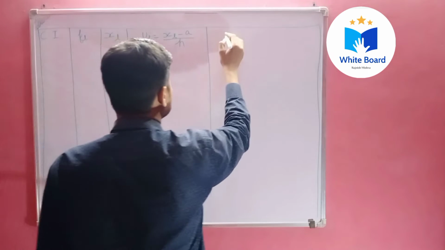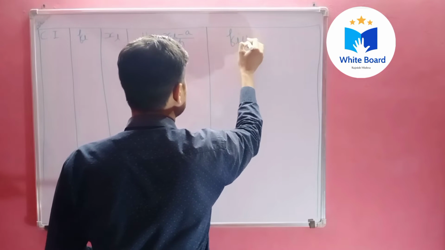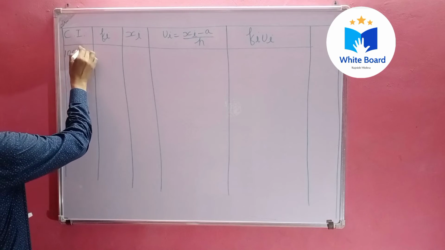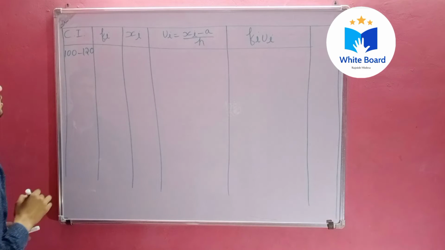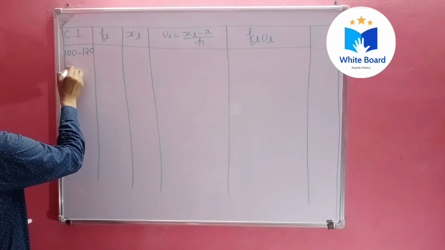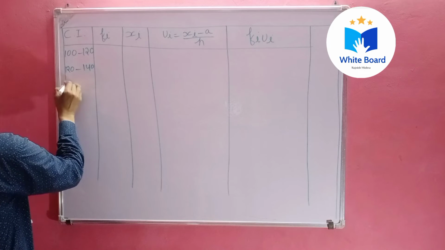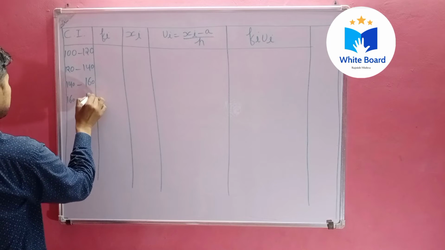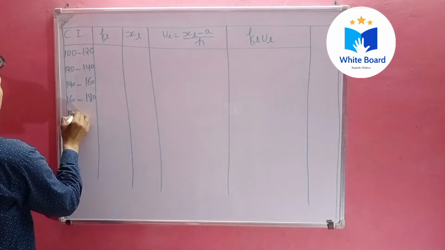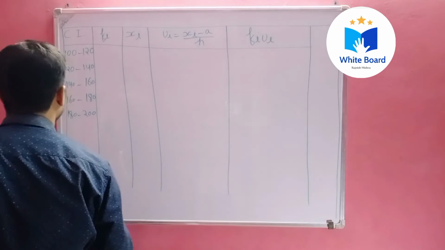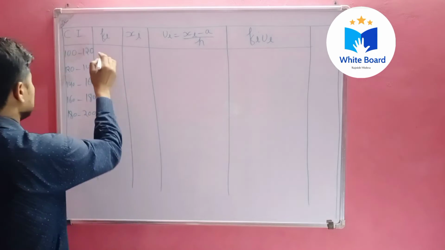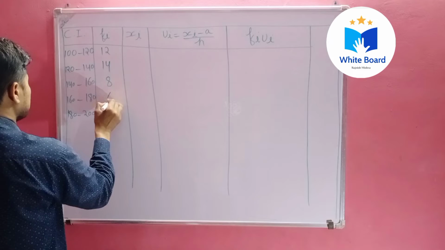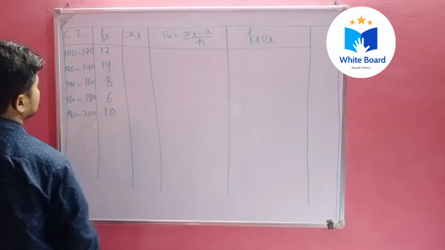After that we will find fi ui. Here the class intervals are 100 to 120, 120 to 140, 140 to 160, 160 to 180 and 180 to 200. This is the class interval for which the frequencies are given: 12, 14, 8, 6 and 10.